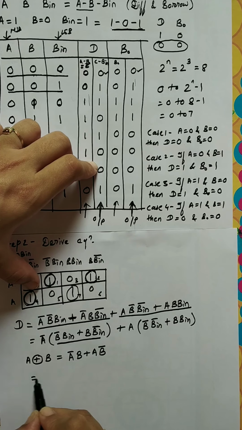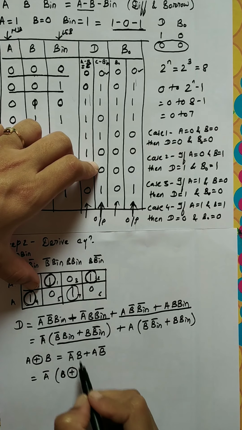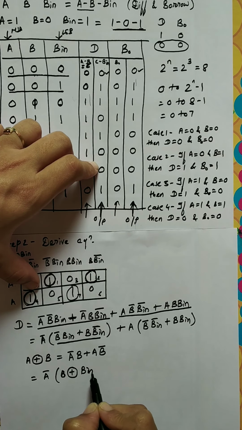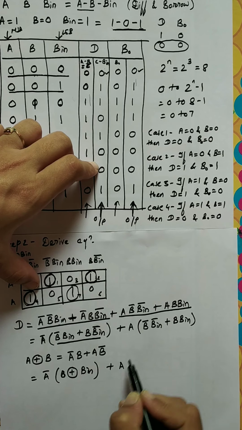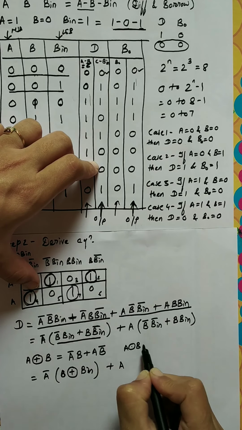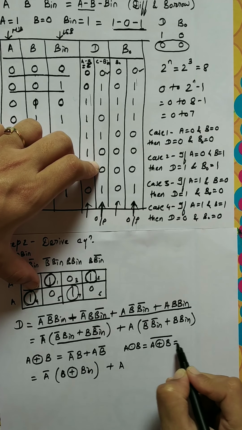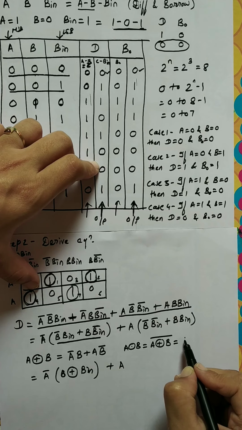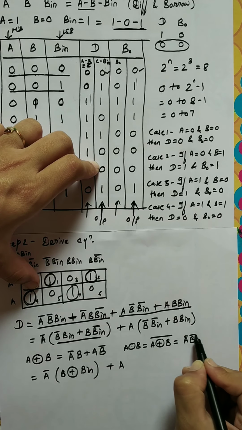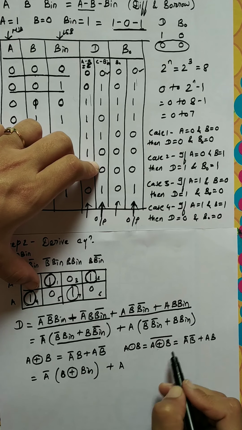So I'll simplify the expression and write B XOR C, plus now this is the formula for A XNOR B. A XOR B whole bar can also be written as, and its formula is A bar B bar plus AB, right? So here I'll substitute by this.